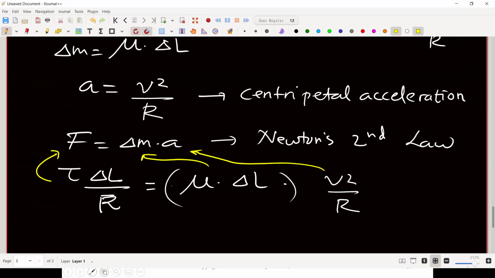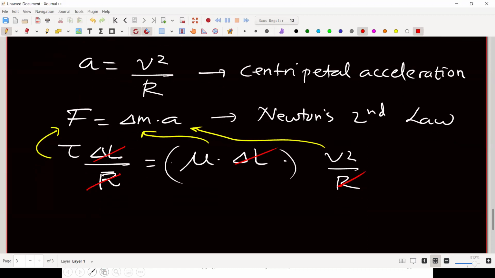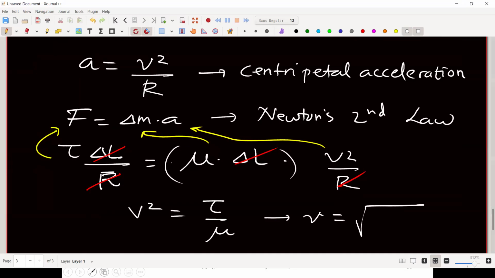Then you can cancel delta L, then R. So the equation becomes v squared is equal to tau divided by mu. So we get that v is equal to the square root of the tension divided by mu. This one is the speed for a straight string.